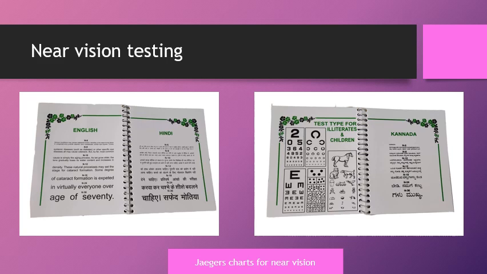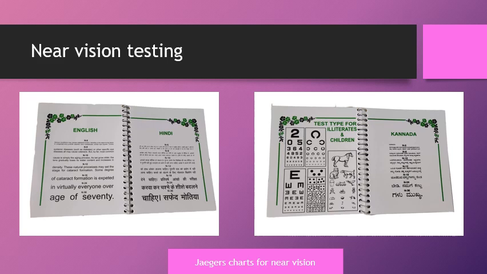While the patient is reading the chart, we have to illuminate the chart properly so that he can read it without any discomfort. The line at which the patient can read is the near vision of that patient, represented by lines like N6, N8 or N10.